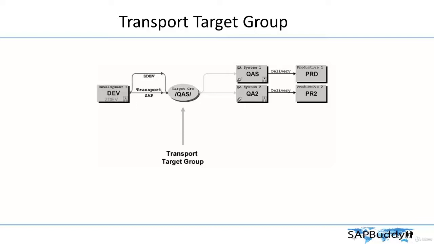So you have a lot of advantages keeping one development system and having multiple quality as well as productive systems. That's not a problem. So from an application management point of view, this helps quite a lot. But as a basis consultant, if you keep the landscapes different, managing is quite easy.